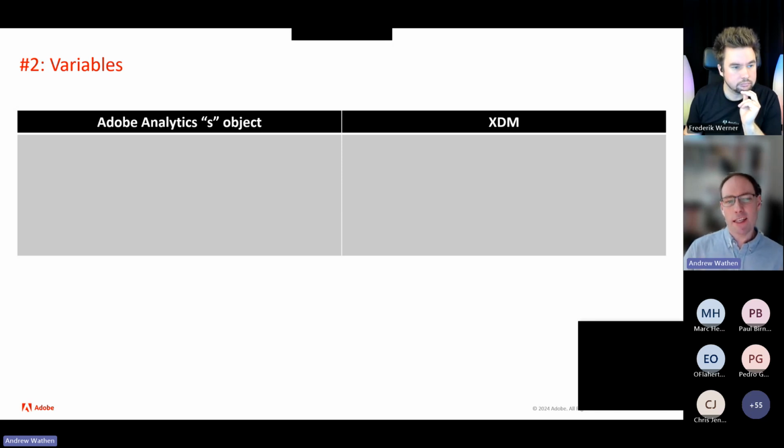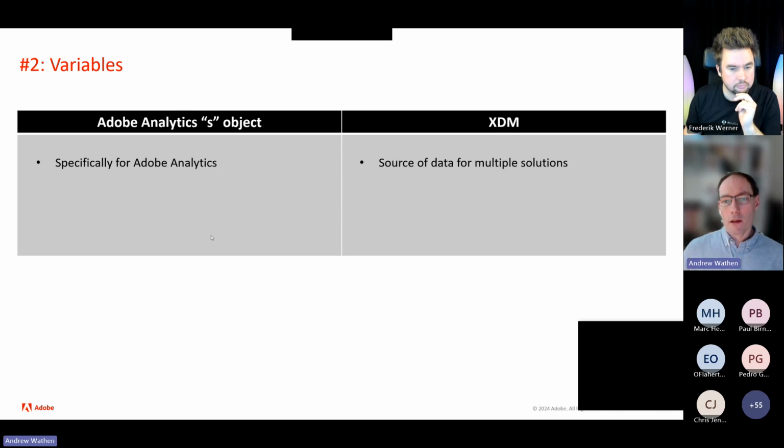So there are some key differences there. When we're talking about Adobe Analytics and the S object, all of the data that we're setting in there is really specifically done for Adobe Analytics. Whereas the XDM object, as we've just seen from the last diagram, is actually acting as a source for multiple different solutions.